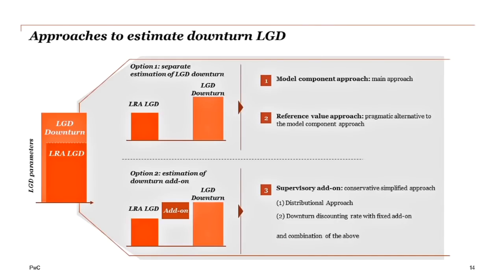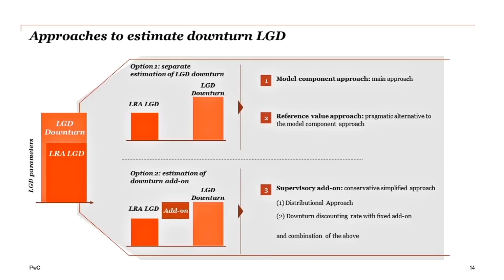Basically, LGD downturn represents the LGD resulting from the long-run average LGD that is stressed in order to reflect downturn economic conditions. LGD downturn is estimated for both performing and defaulted exposures. There are three approaches available for the estimation of LGD downturn proposed by EBA.